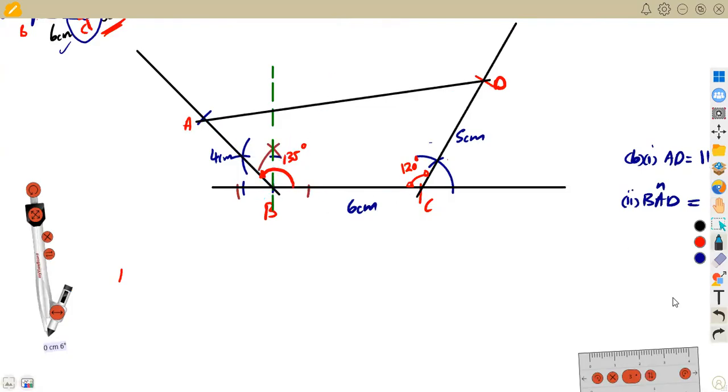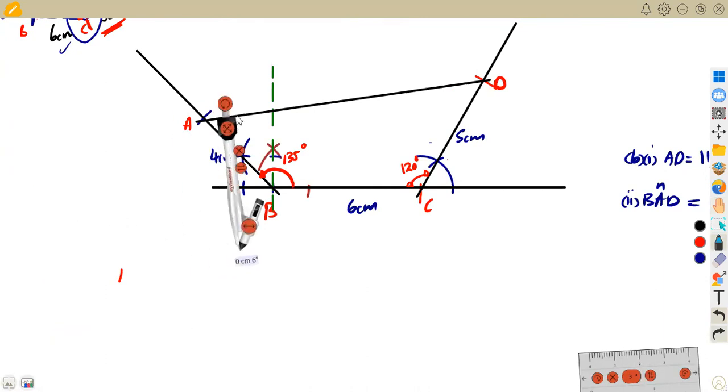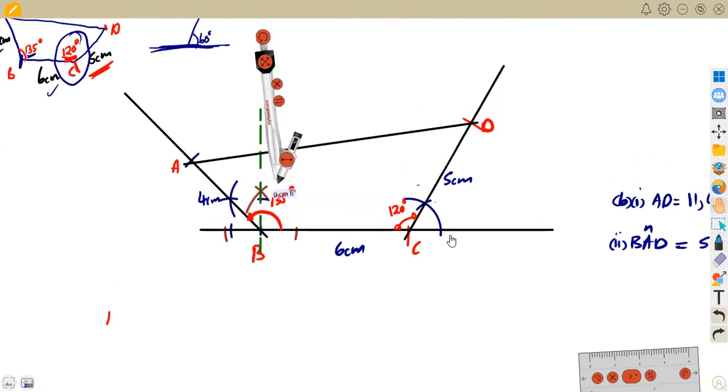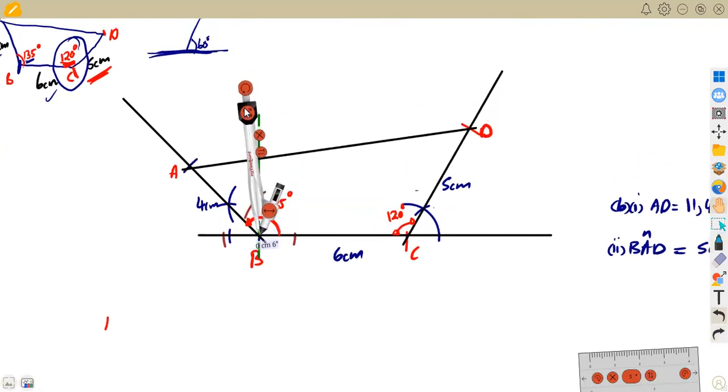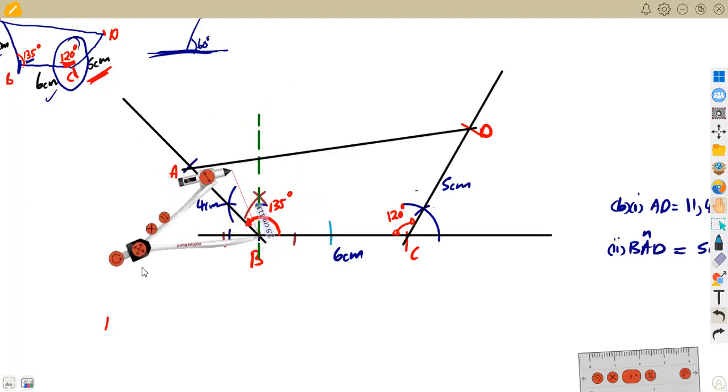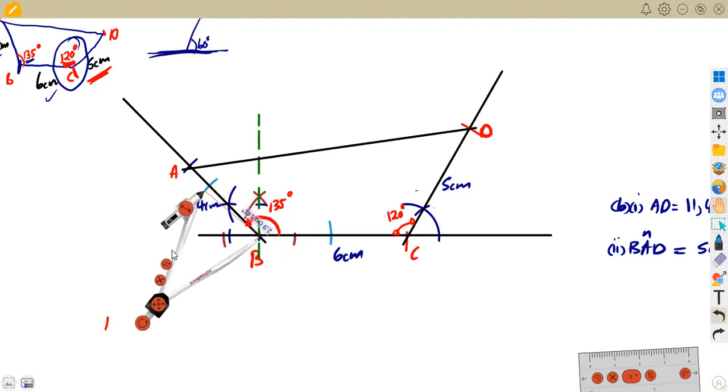All right, so how do we bisect an angle? Remember, to bisect an angle, you're going to need the point B. From point B, open a certain distance from point B to the line BC, which is creating our angle. Just mark a point. You do the same on the side of A, mark an arc.